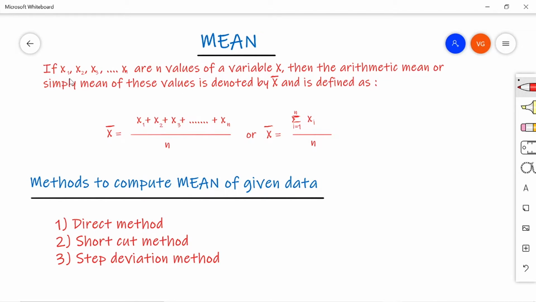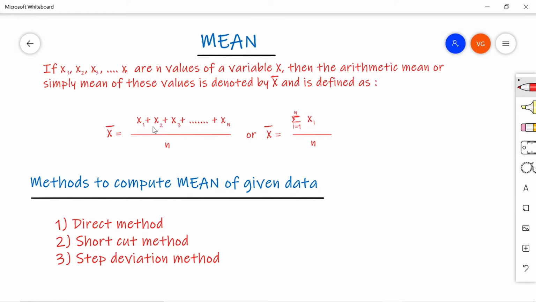We are considering a data variable x which takes different values x1, x2, x3, and so on up to xn. There are n such values for the variable x. The arithmetic mean or mean of all these values is denoted by x bar, which is x written with a bar on the top. x bar is defined as x1 plus x2 plus x3 and so on up to xn, divided by n.